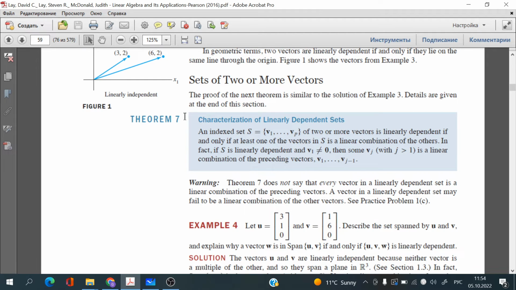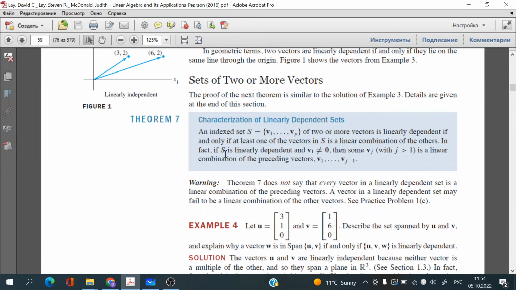By the way, in this course I'm going to give you some theorems, but try to understand what they say without formal proof or anything like that. This is not a class designed to learn how to prove, okay? Just try to memorize the fact. Theorem 7, characterization of linearly dependent sets. An indexed set S, which consists of vectors v1 through vp, of two or more vectors is linearly dependent if and only if at least one of the vectors in S is a linear combination of the others.